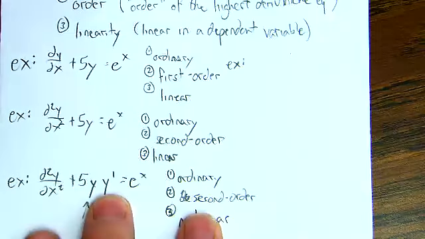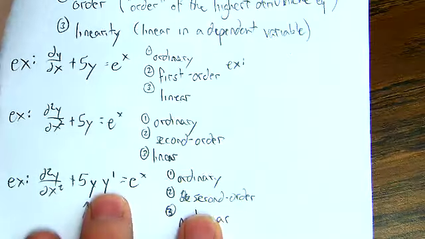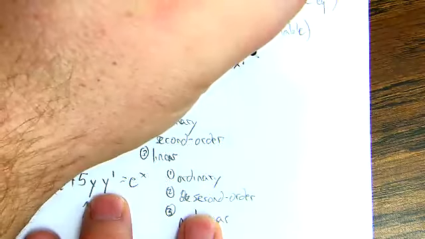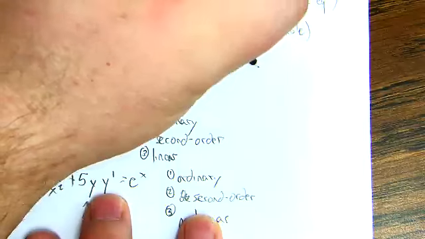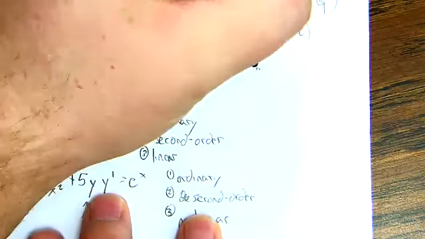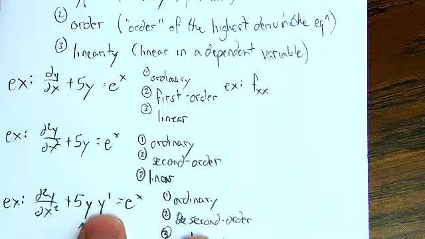So one that fails to be ordinary is if I tell you I've got some function, and then we might say that the second derivative of that function with respect to x minus the second derivative of that function with respect to y is equal to 2x.